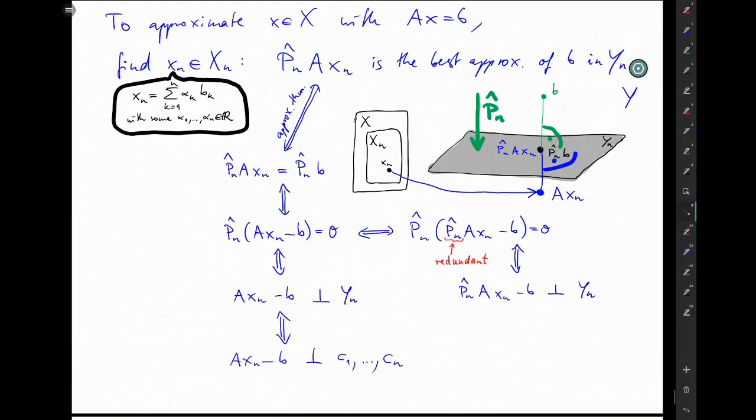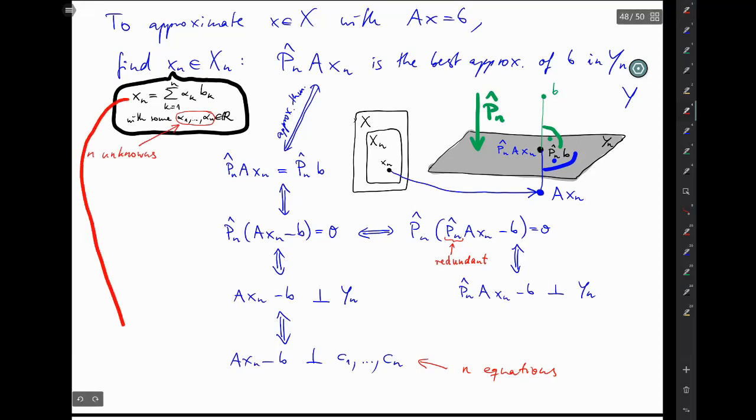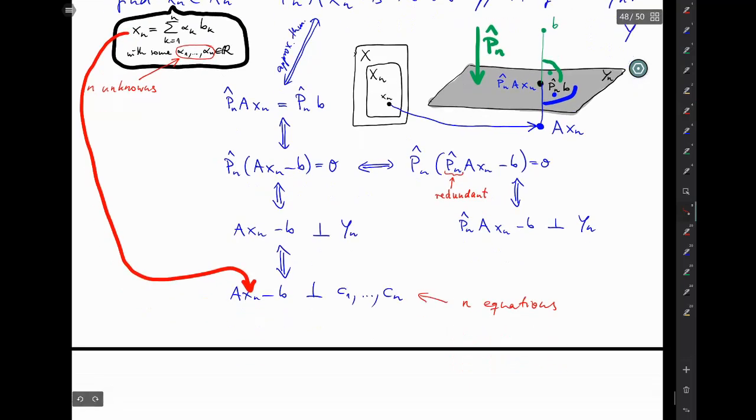Now this gives you n equations, and here are your n unknowns. So all that remains to do is to take this expansion here and plug it into that statement, which ends up in n equations, and then you just have to do the maths.